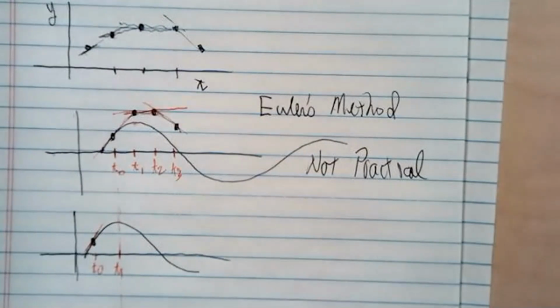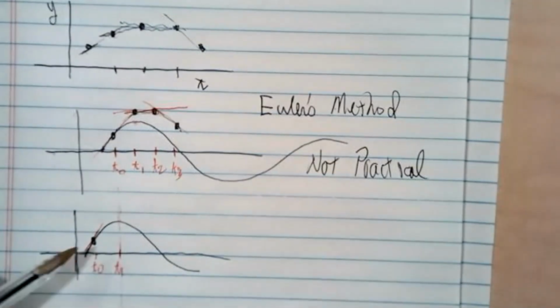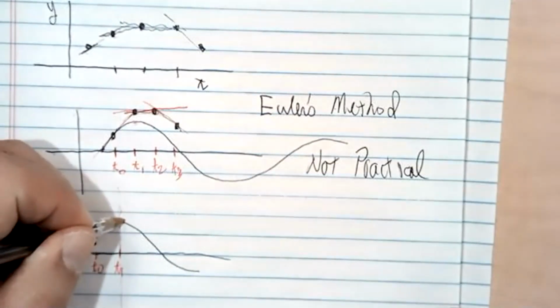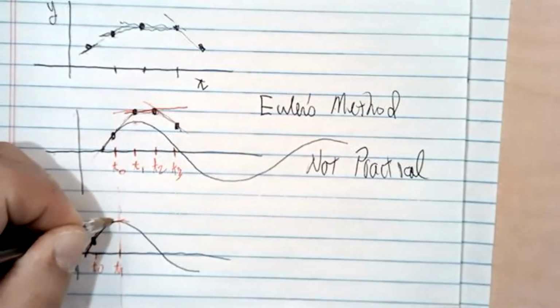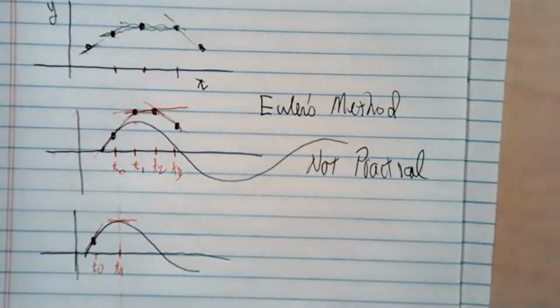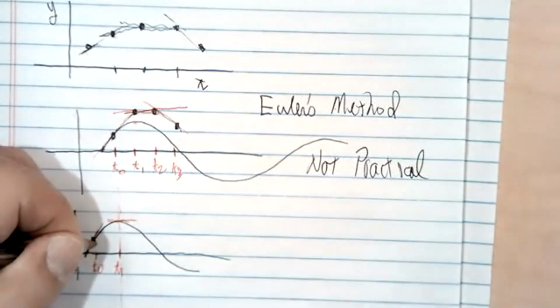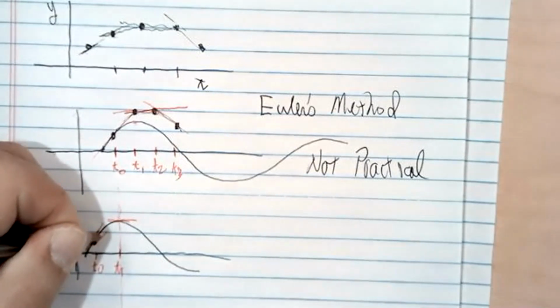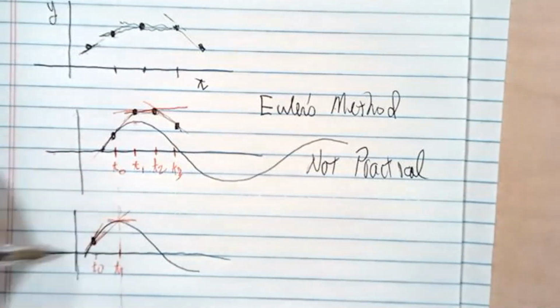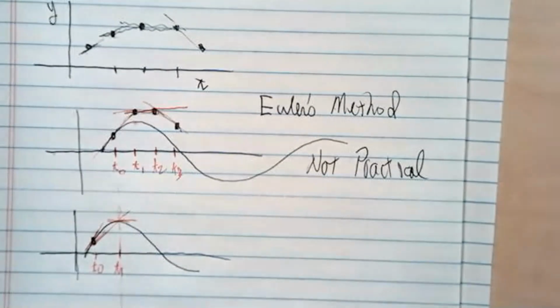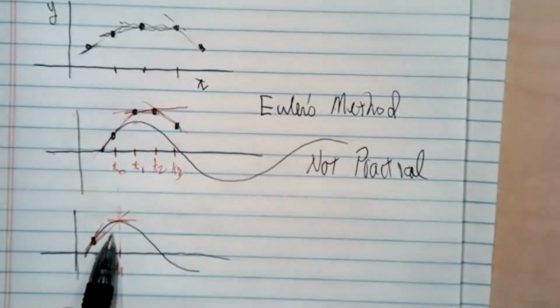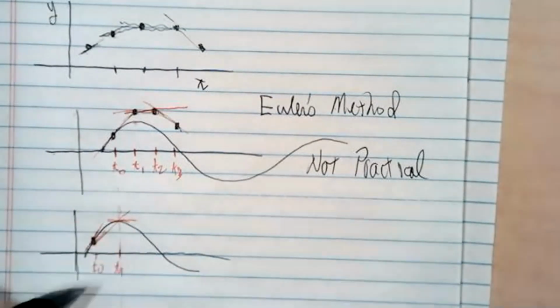But another thing I could do would be to check the slope at T1. And that slope looks like it might even be just a tiny bit negative, right? And then take the average of those two, and I'd end up with a slope that leans more like so. Might actually land pretty close in this case. And then I'd follow a line that has the average of those two slopes, and I'd land probably about there, which would be pretty close to being on the curve.